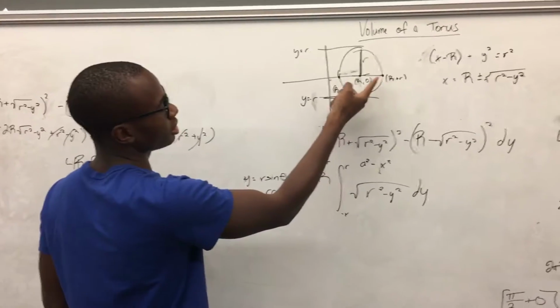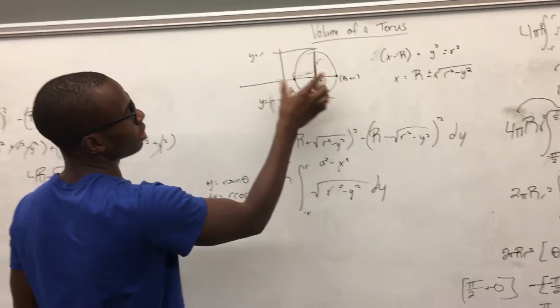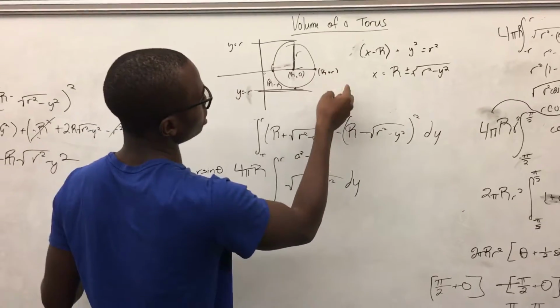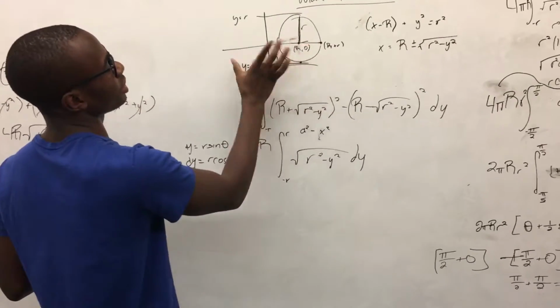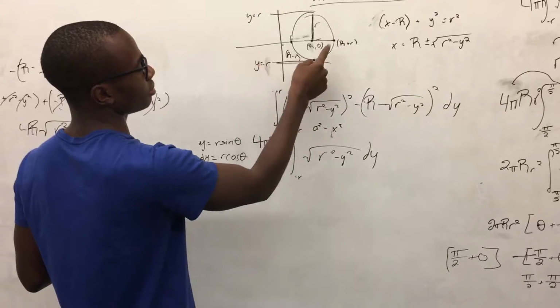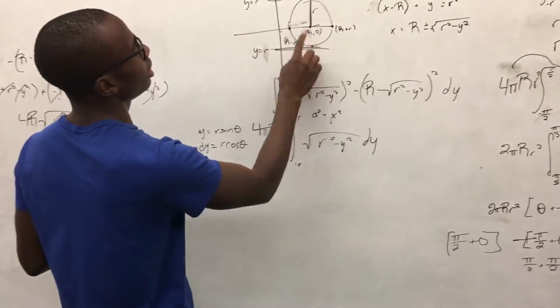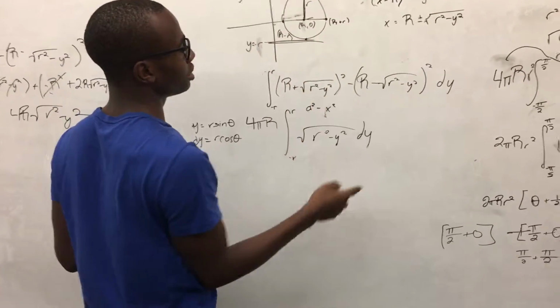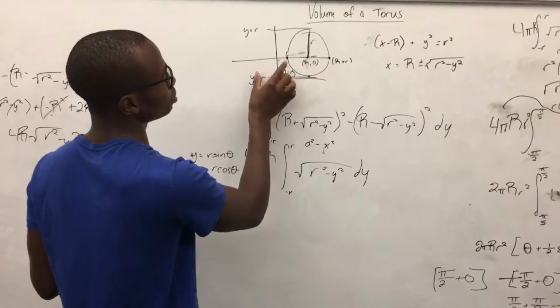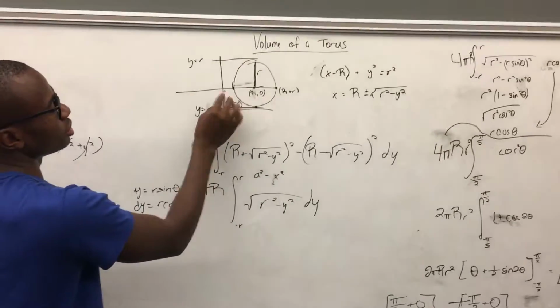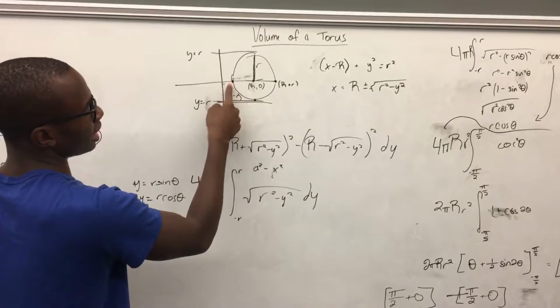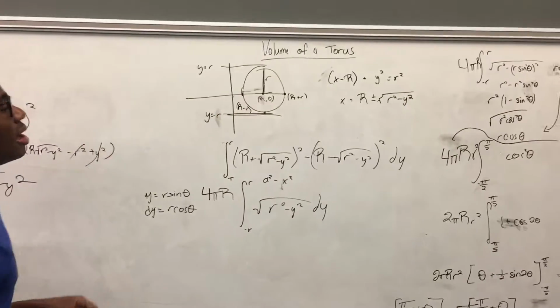When you rotate about the big R, the R plus r, you're going to get this huge thing that encompasses everything inside of this. And so what you want to do, to get rid of that, is subtract what you would get when you rotated about this smaller radius between the last point in the circle and the y-axis.